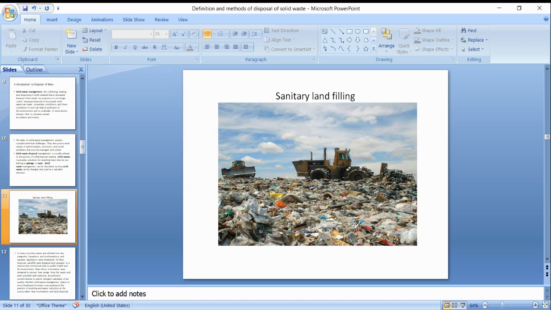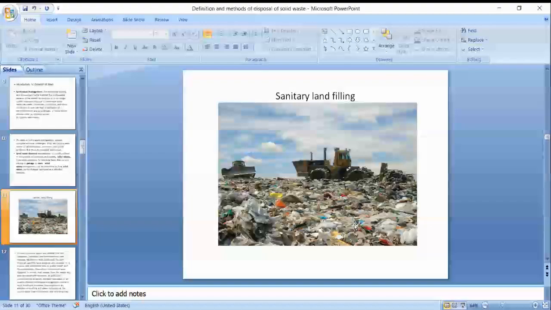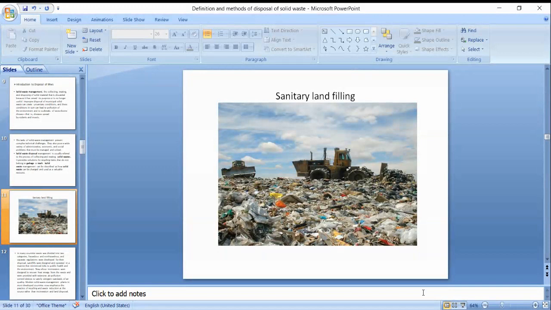Here is where the waste is thrown out on the garbage. Here we can see that much waste was put here.